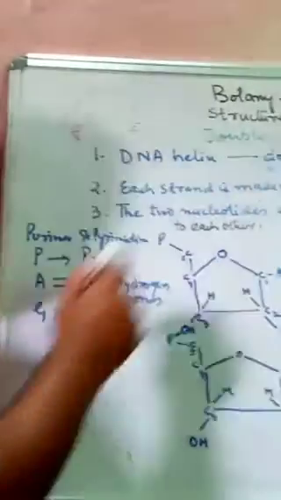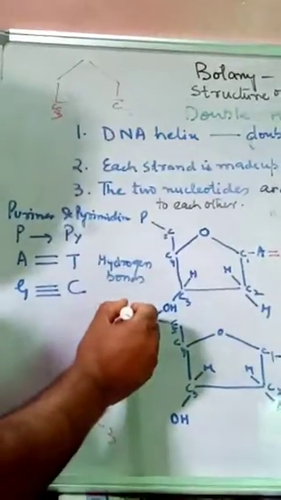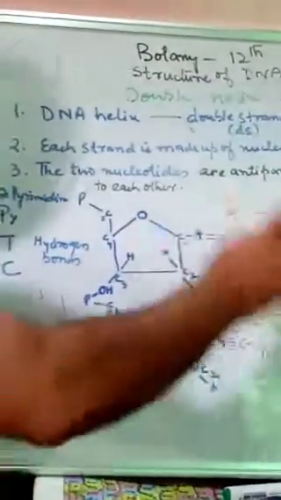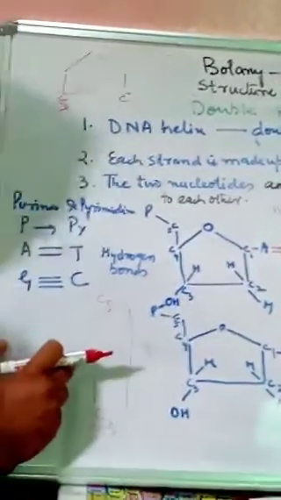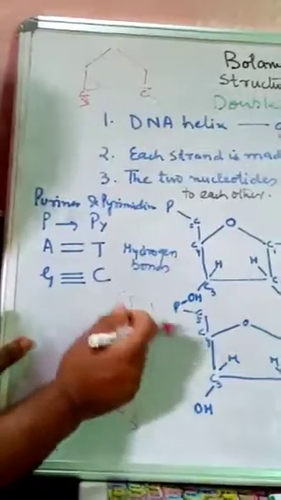Now anti-parallel means, we have one more strand, the strand which is in front of this first strand, the previous strand.